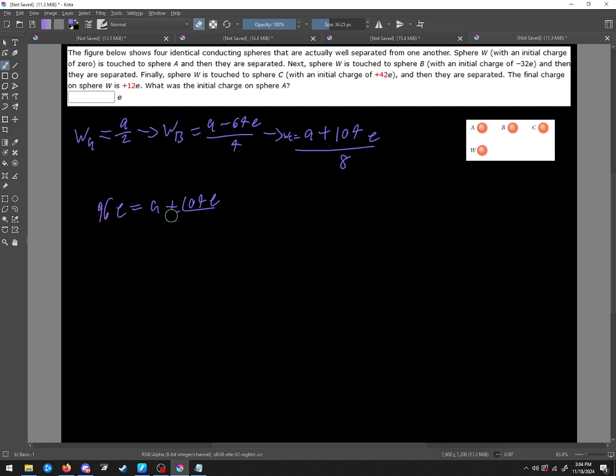And then we have 104E plus 104E. So now we do 104 minus 96, and A equals 8. Dang, they get the right answer doing it this way.